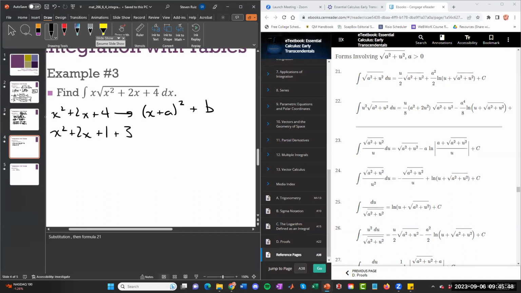But that was kind of a shortcut, and it only really works if you recognize what number is going to complete that square from the x squared and the 2x. So first of all, do we recognize that x squared plus 2x plus 1 is a squared binomial?